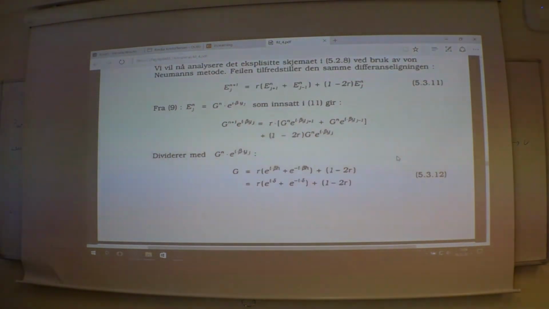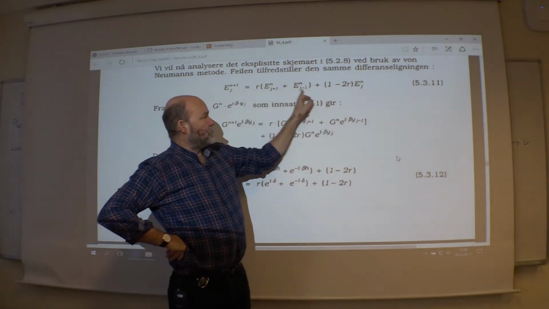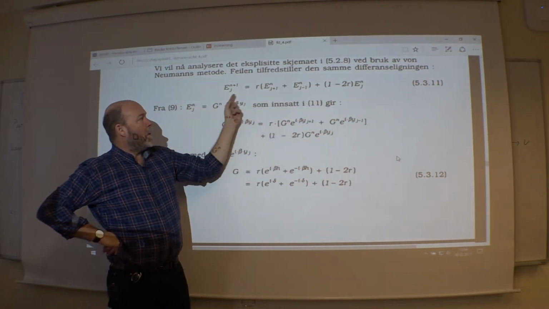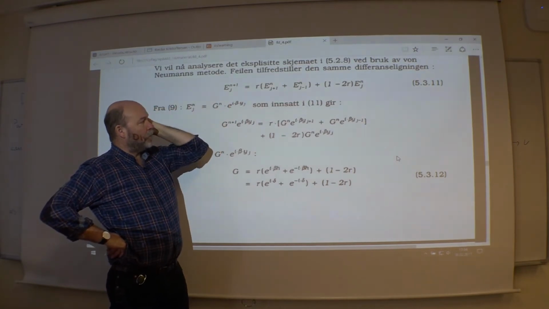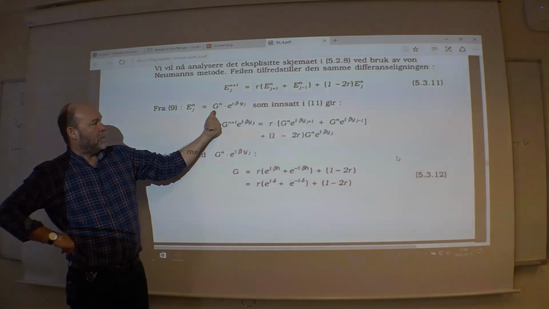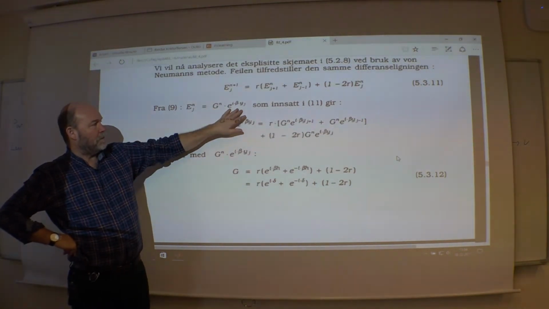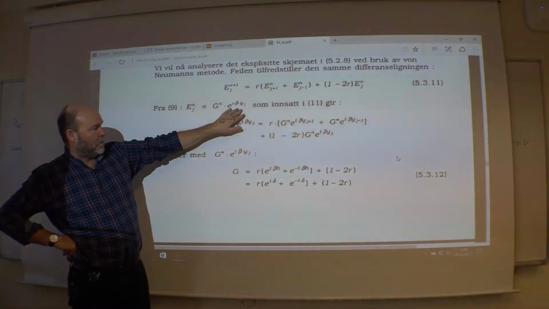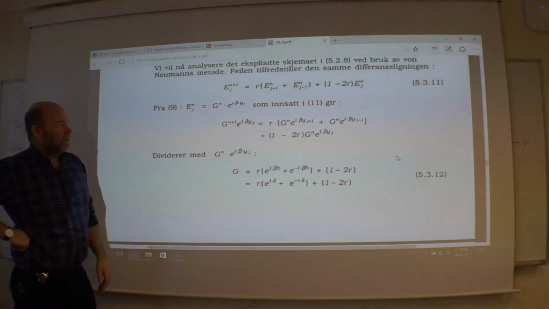So how to use it? You have the example here. You set up your discrete equation system, but with the error, E here now being the error. And for the error, you insert the amplification factor multiplied with this term, which should represent a given arbitrary term in a Fourier series.